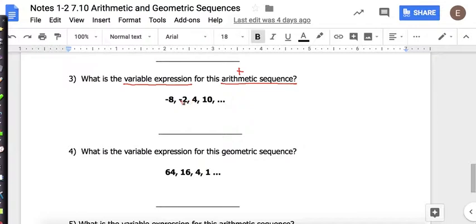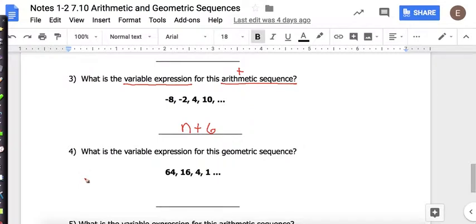You might not see it here, but you can see that it's going up by 6. -2 to 4. If you can't see it here, you can always look from 4 to 10. So it's plus 6. And -2 to 4 is plus 6 because you've got to go up 2 to get to 0 and then 4 more to get to 4. So that adds up to 6. So the variable expression is n plus 6.